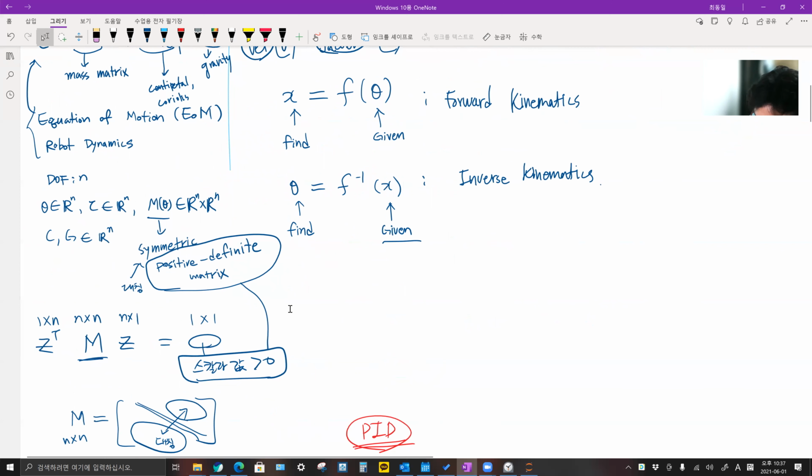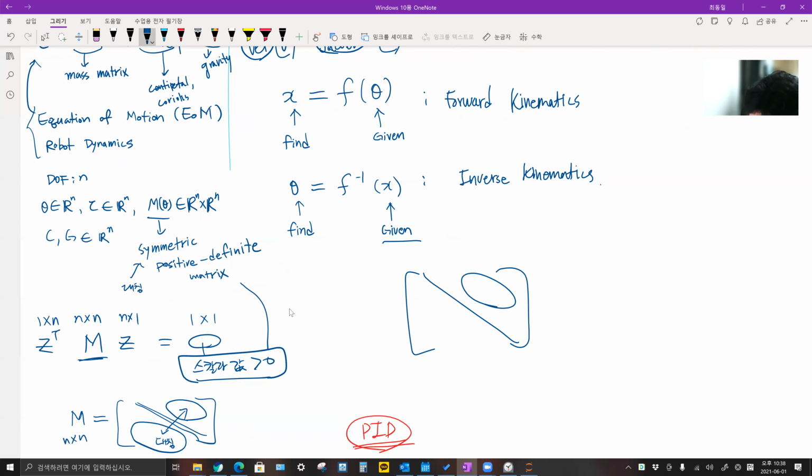When we do this, we will use the concept of a positive definite matrix. This M is the mass matrix, and it is a symmetric positive definite matrix. Symmetric means this part and this part are the same.